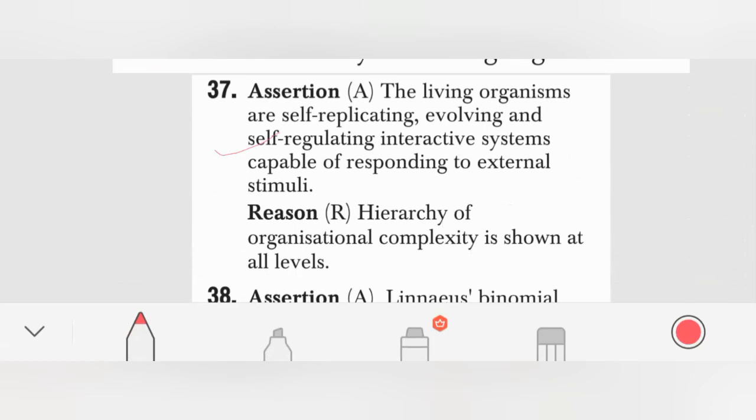Yes, the answer is that both are correct, but R is not the correct explanation of the assertion. Because here the interaction results in emergent properties at higher levels of organization. So that is true for the hierarchy of organizational complexity at all levels, but it doesn't explain the first statement.